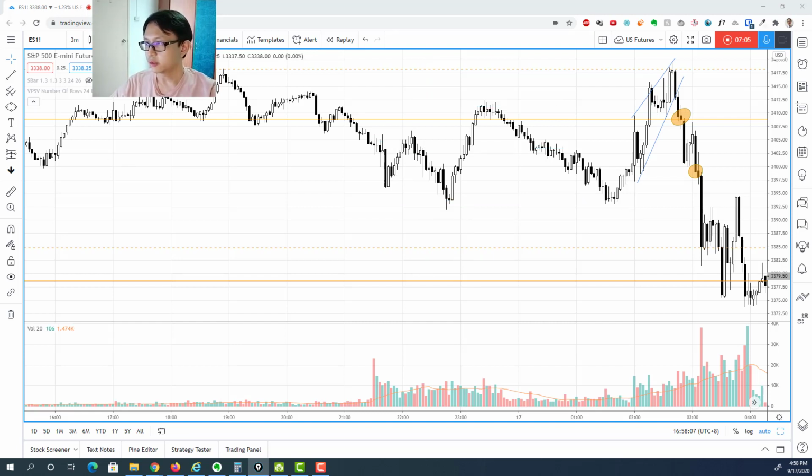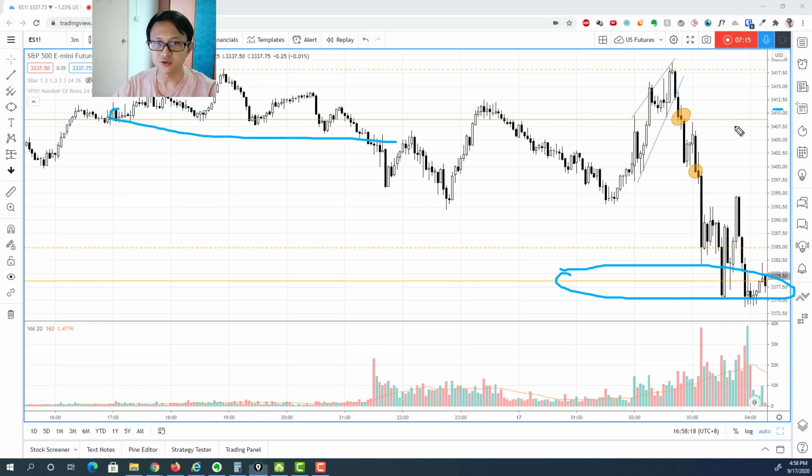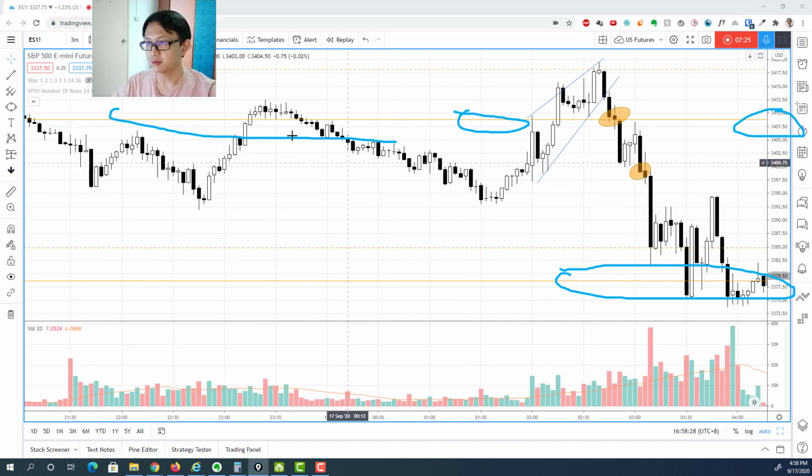If you recall my video yesterday, I talked about a very straightforward level, a support at around 33.80, and a day high level somewhere around 34.10. So that's probably the level that I attempt to trade, but just take a look at the time here.